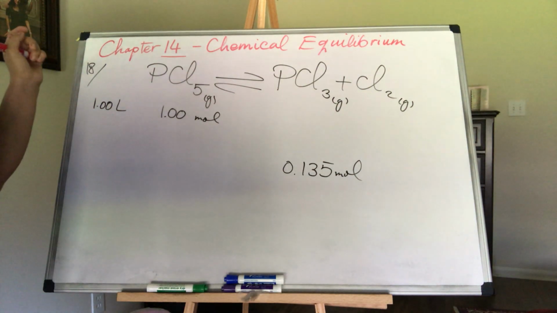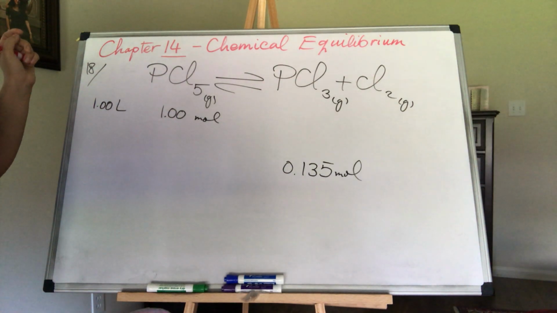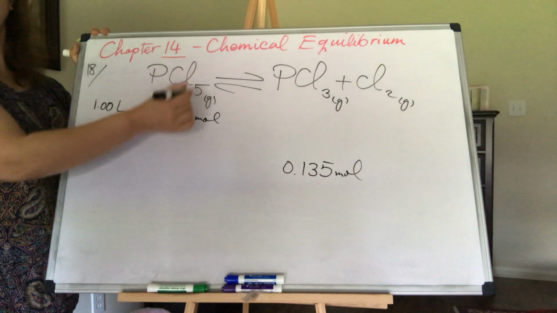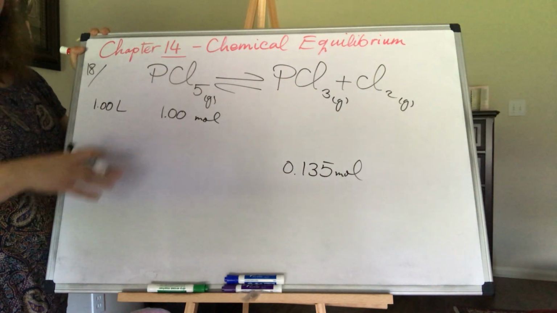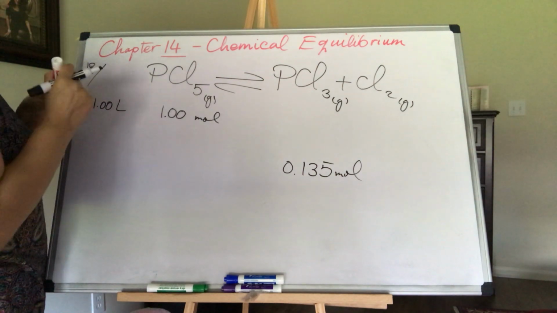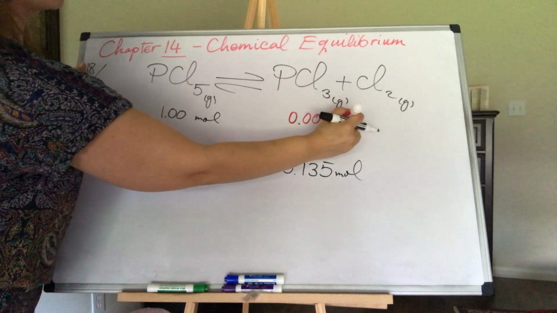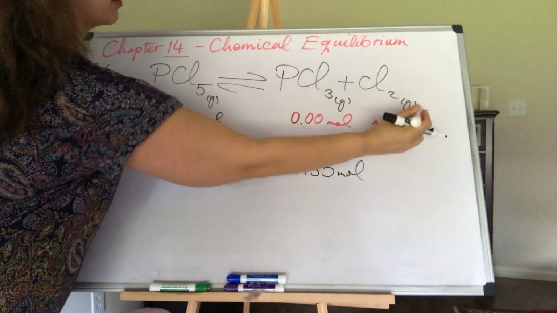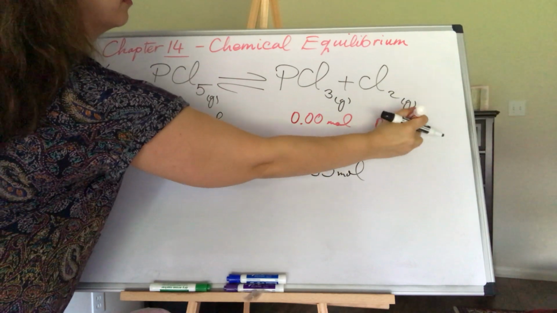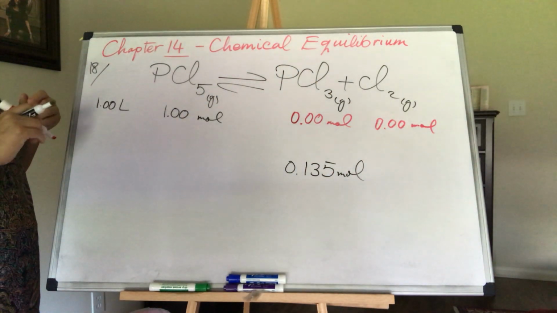So, we started with 1 mole of PCl5. At the beginning, before any product forms, we have 0 moles of any of our products. 0 and 0. But we started with 1 mole of PCl5.